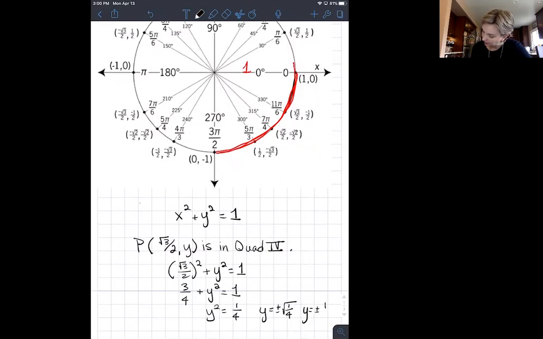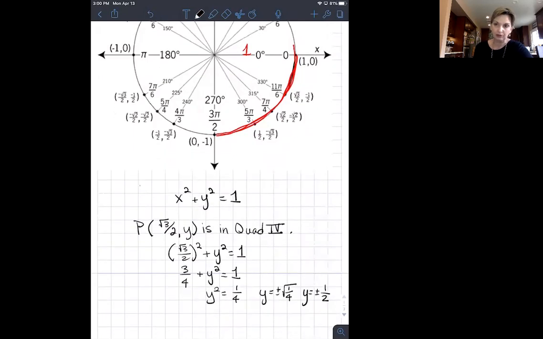which is plus or minus 1/2. Now, two different options there for y, but remember the coordinate we're looking for is in quadrant 4, and in quadrant 4, y is negative. So the only one we're really interested in is the negative version of y. That means our point is going to be the square root of 3 over 2 and negative 1/2.